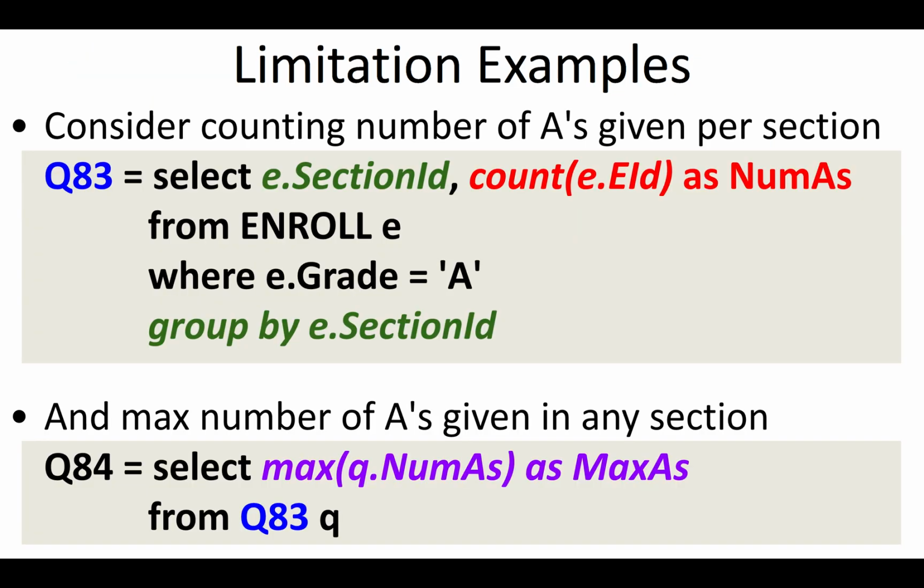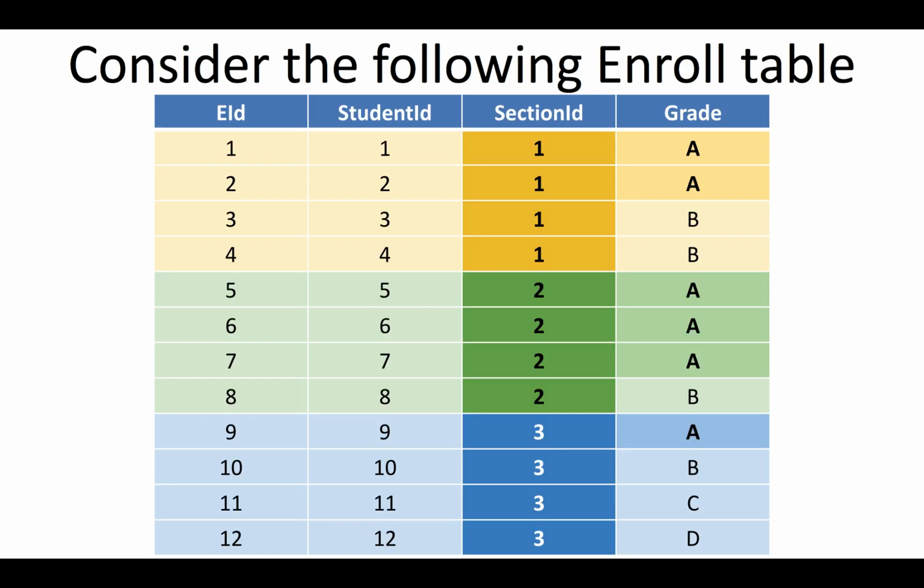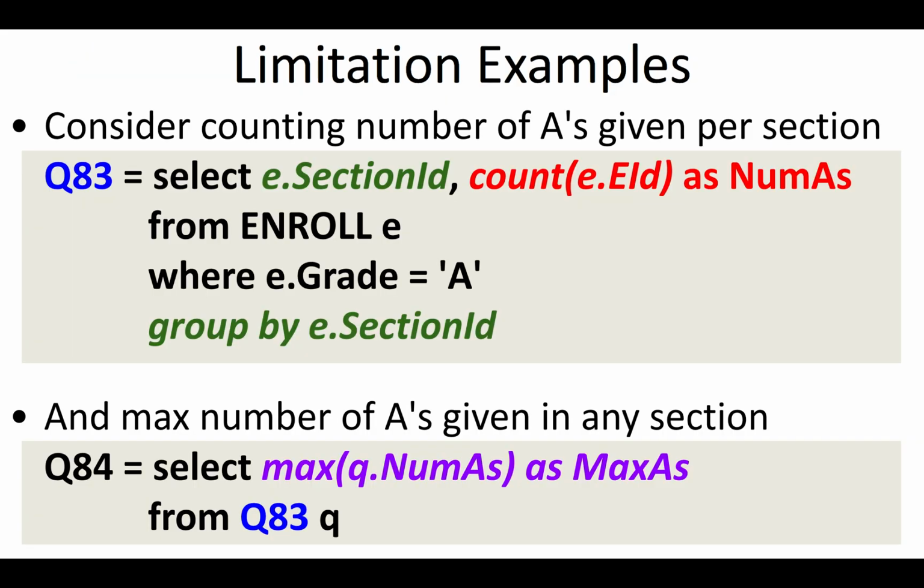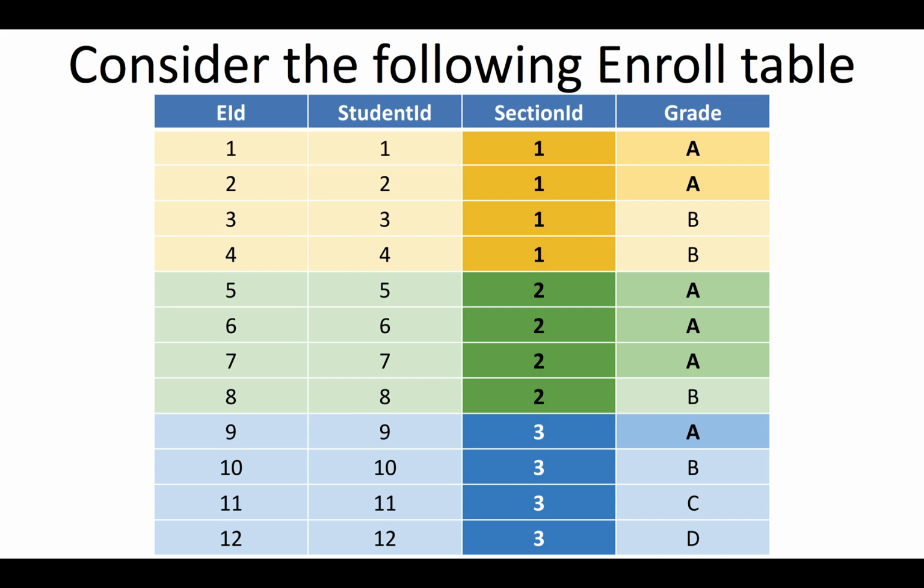Well, we could do the following. We can say, take the enrollment table, group by the section ID, meaning I'm going to have 3 groups: 1 group for section 1, 1 group for section 2, and 1 group for section 3. And then, as you calculate those 3 groups, only consider where their grades are A's. Don't consider the students with B's, C's or D's.